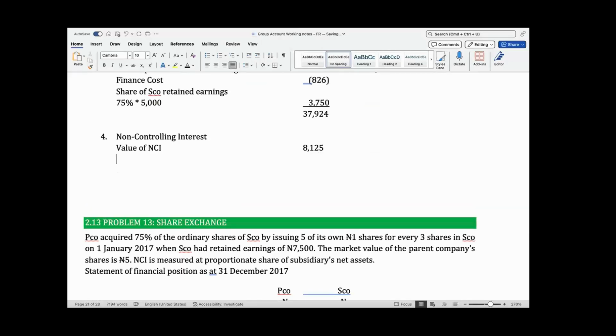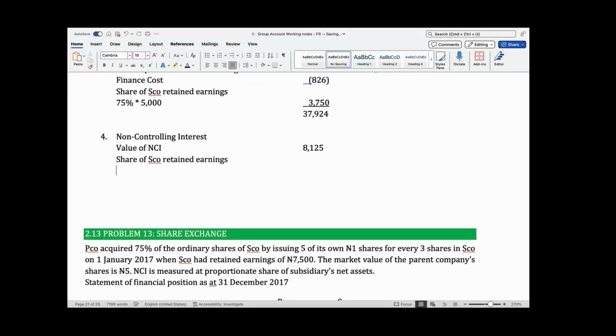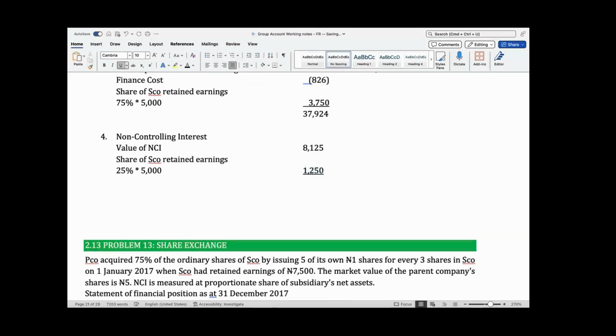And it's also going to get a share of ESCO post-acquisition retained earnings, which is simply 25% times 5,000, which is how much? 1,250. And how much is the total? It is 9,375.